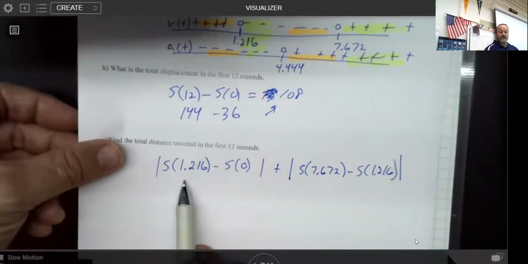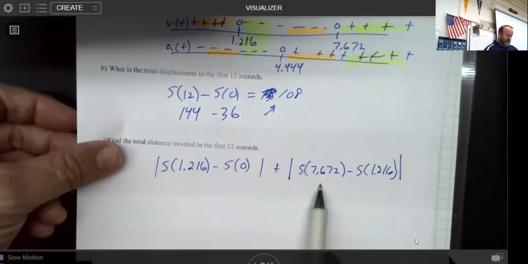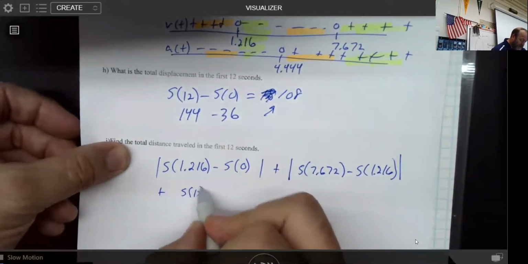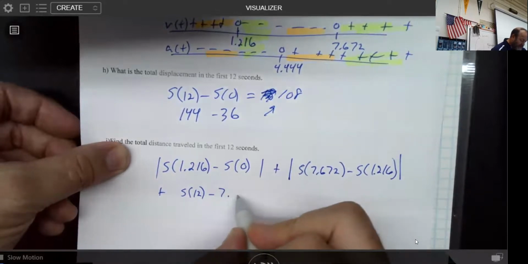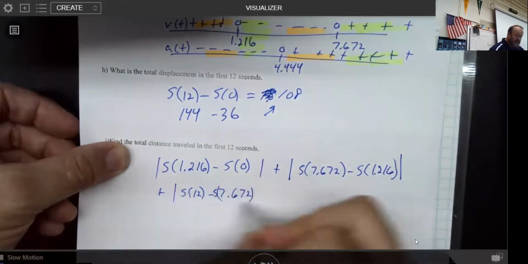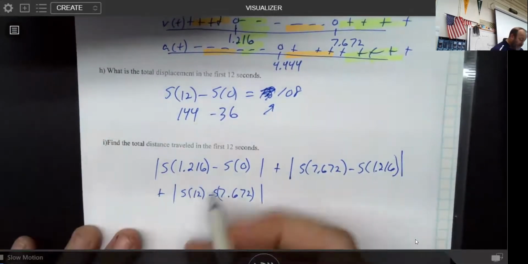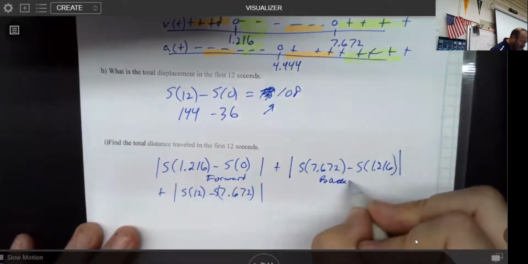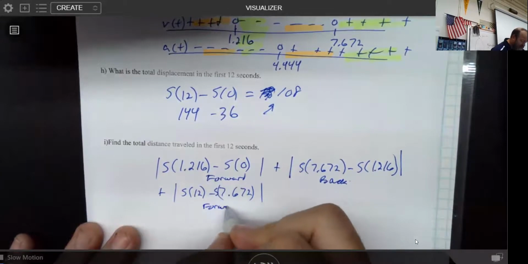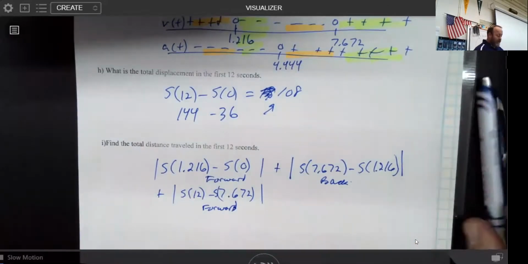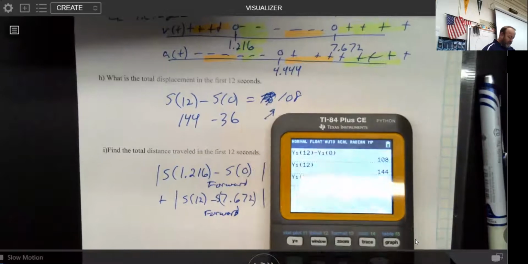So I'm going to find this displacement, and then finally the displacement from 12 back to 7.672. I need an S there. And so if I could find out how far forward it went, how far backwards it went, and then how far forwards it went, that would actually give me all of those data values. And again, this can get a little bit tough, but hopefully we've got it.